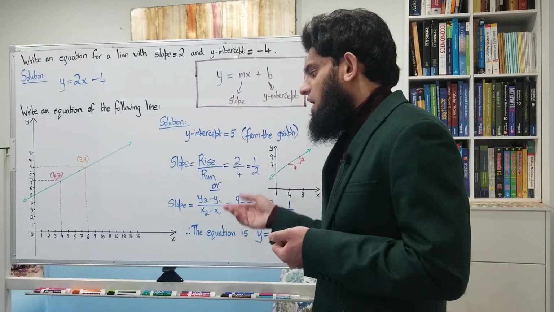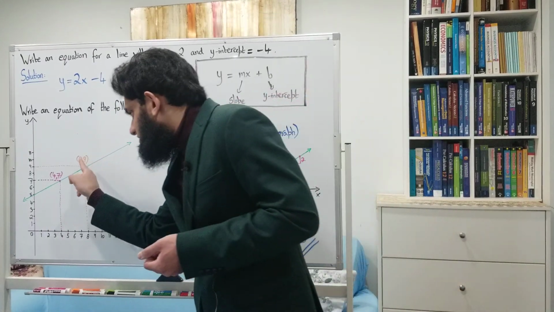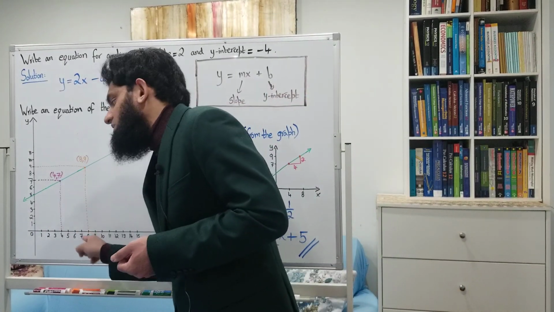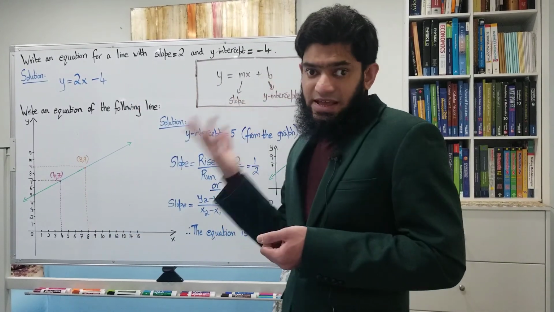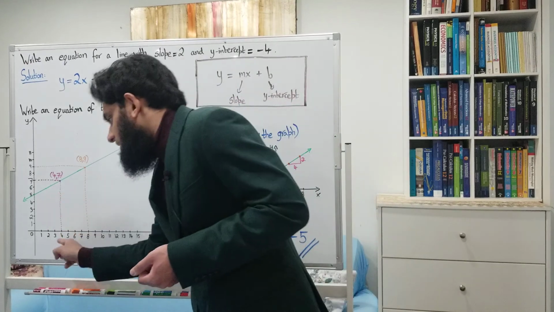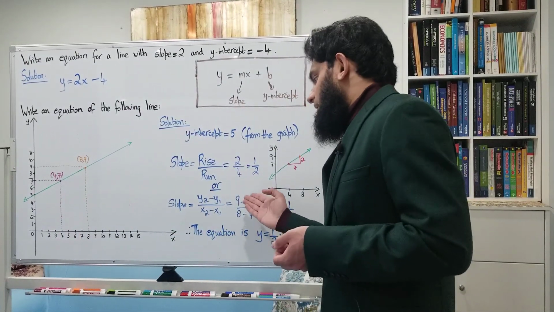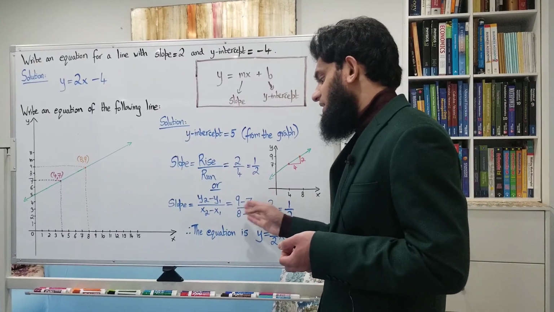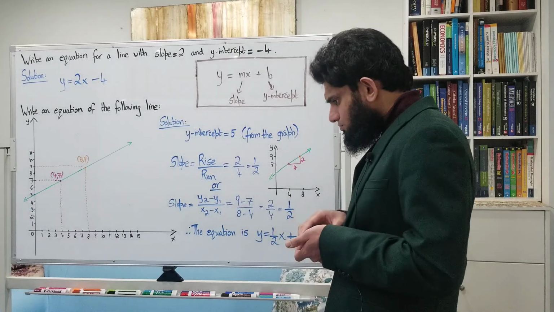Now what is x2? x2 is just the x coordinate of my second point, and in this case that is 8. Then x1 is just the x coordinate of my first point, and in this case that is 4. So 8 minus 4, and so 9 minus 7 divided by 8 minus 4 gives me 2 over 4, and that's 1 by 2.